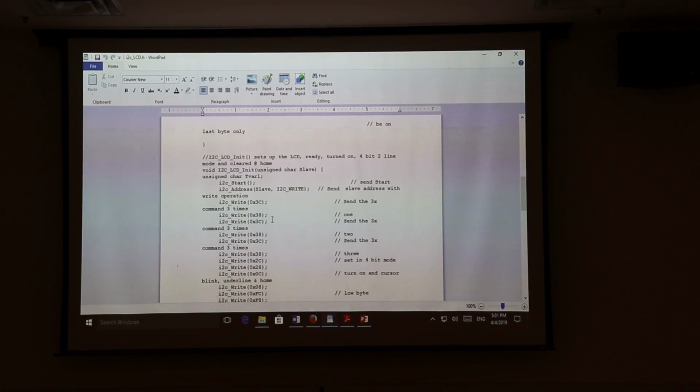We're talking indirectly to the LCD. We're talking directly to the PCF 8574 through the I2C protocol, and the 8574 is talking directly to the LCD through a parallel protocol. And so we have to kind of keep everything straight.